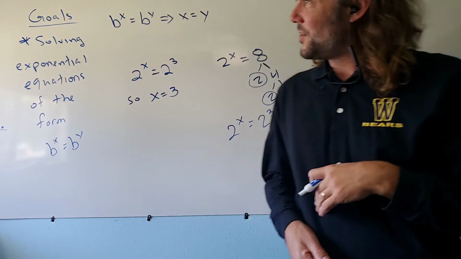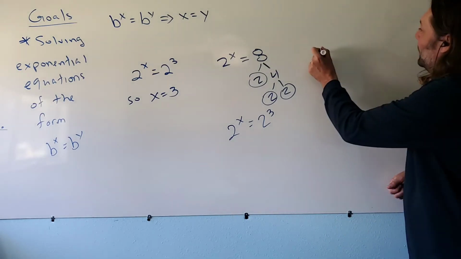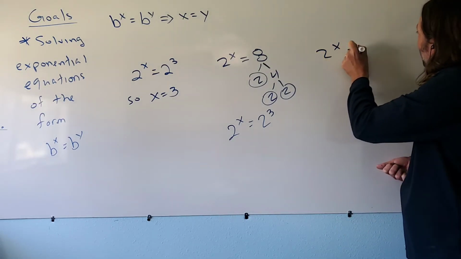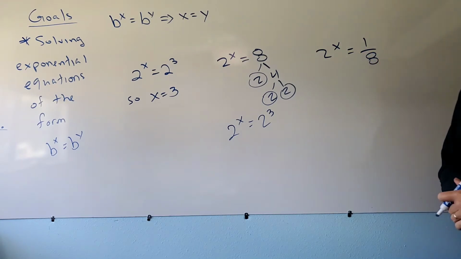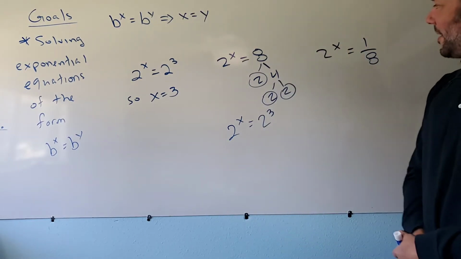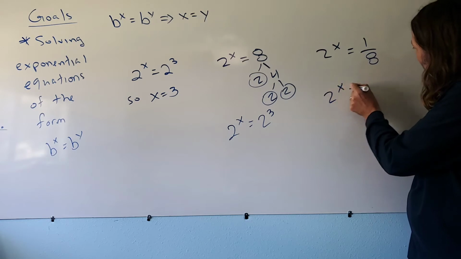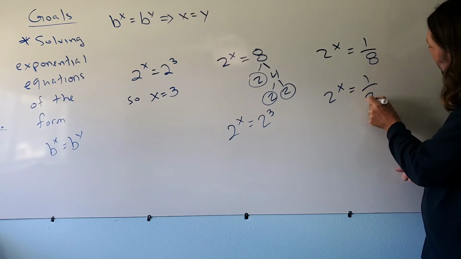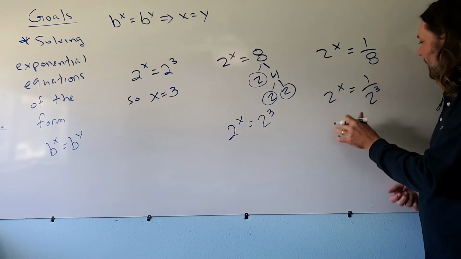Alright, so this is one way this problem could look. Now, the problem could also look a little bit differently. It could look something like this. So this definitely looks nothing like this. However, we know that 8 is this from the previous problem. We're getting closer. We're almost there.